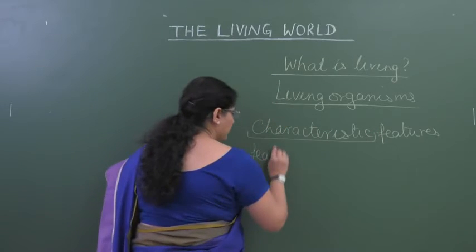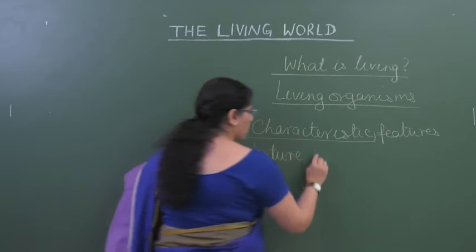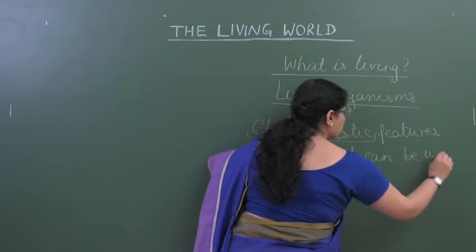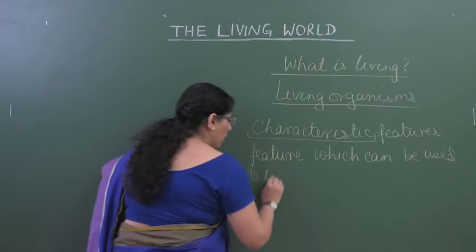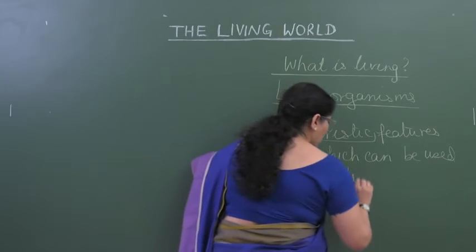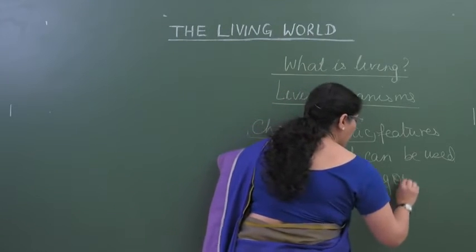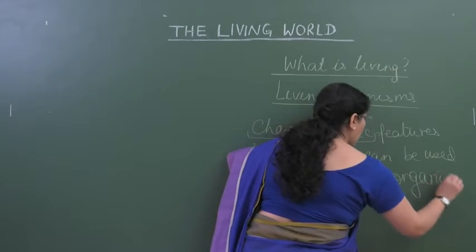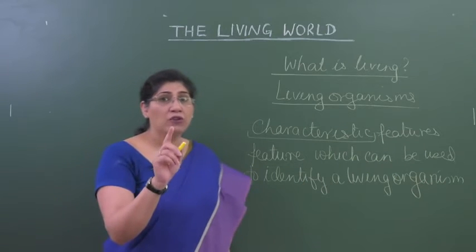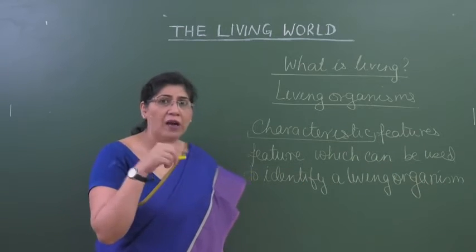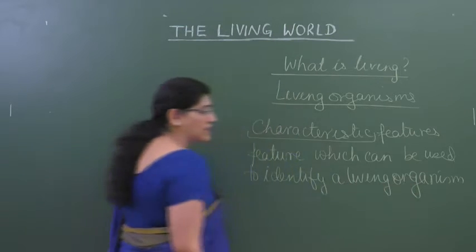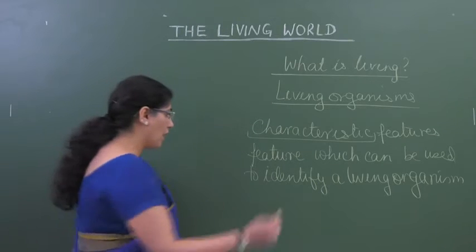A feature which can be used to identify a living organism. I never said to distinguish it from non-living. मैंने ये नहीं कहा कि उसको non-living से अलग करने के लिए, मैंने क्या कहा? पहचानने के लिए. So I can use it to identify a living organism, right?